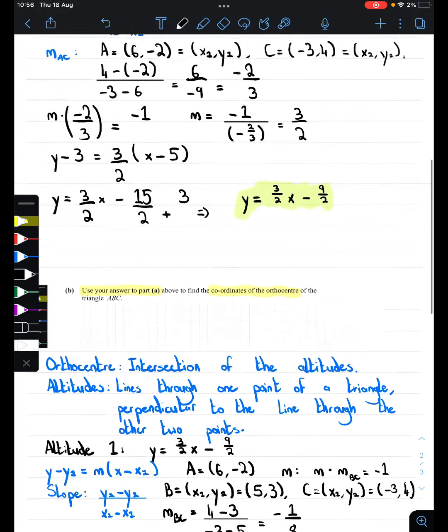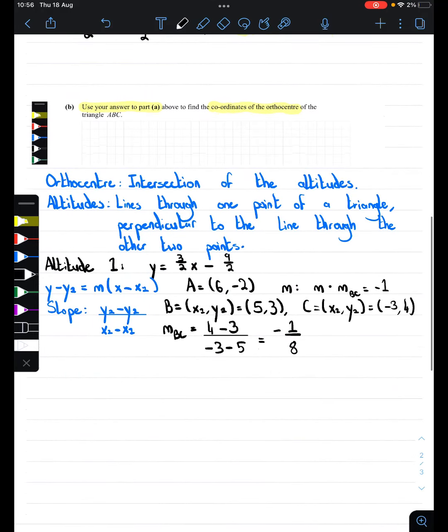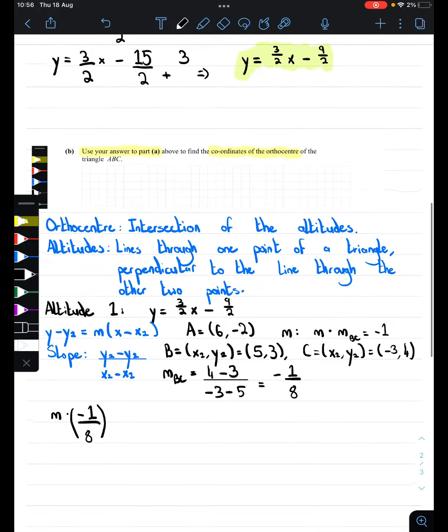And now we can use this to find the slope that we're looking for. So m times this slope, minus 1 over 8, equals minus 1.